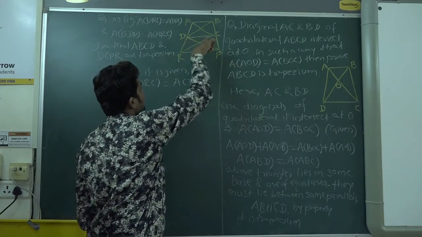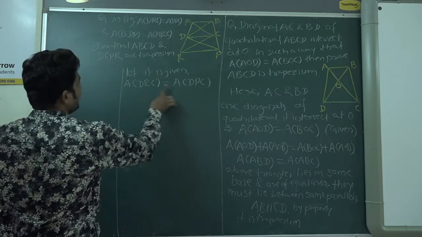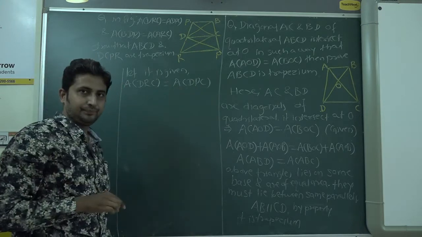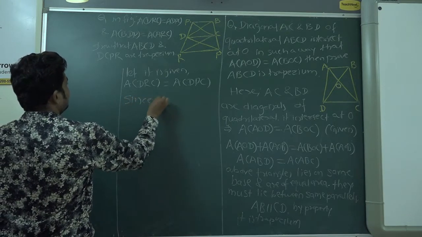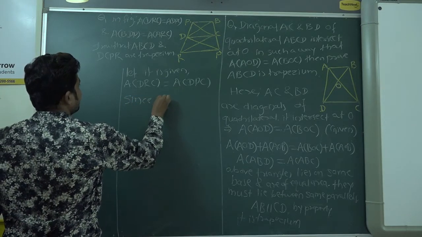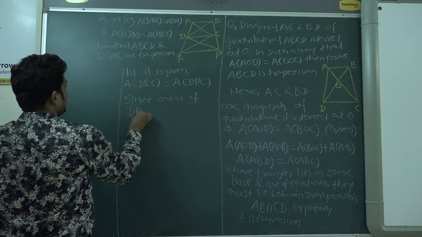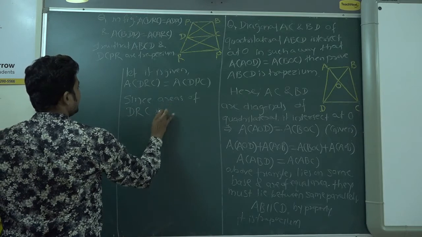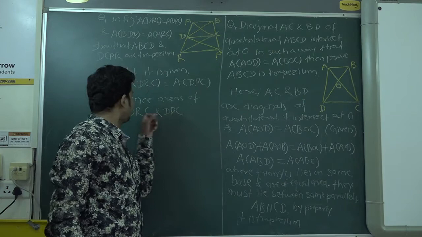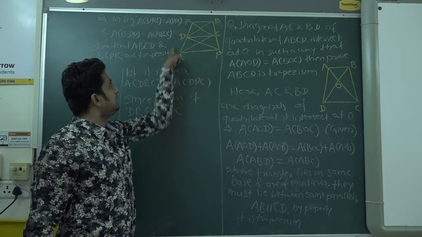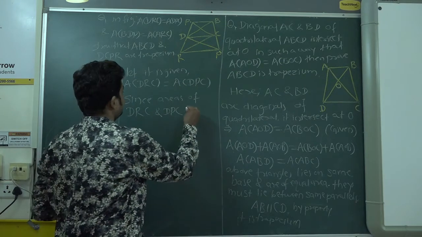DRC and DPC, consider these two triangles. Now their areas are equal. It is given. Since areas of DRC and DPC are equal.